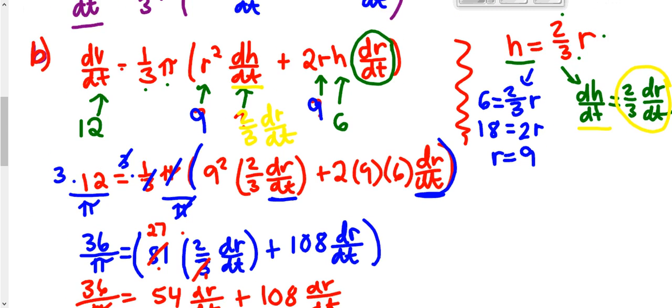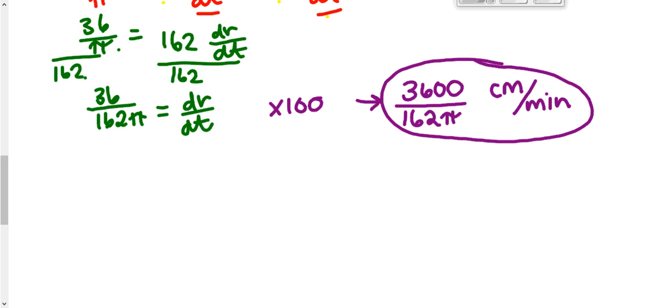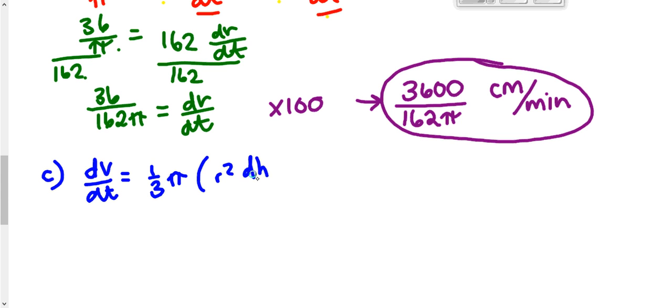So, part C, we're still using that dV dt that we found back in the beginning. So dV dt was 1/3 pi times r squared dH dt plus 2hr dr dt, or rh. It doesn't matter the order, it's all the same thing.